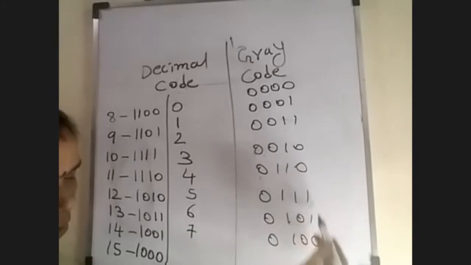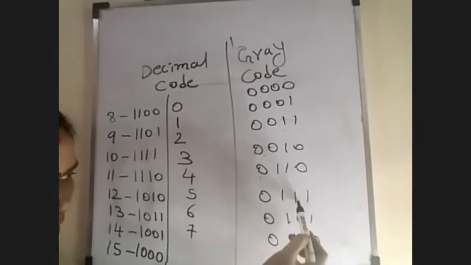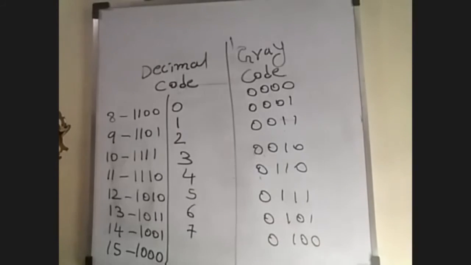And observe these 2 values, they differ only in this bit position. Is it clear? So that's why it is called a unit distance code. Unit distance code is nothing but bit patterns for 2 consecutive numbers differing in only 1 bit position. Is it clear? The next one.